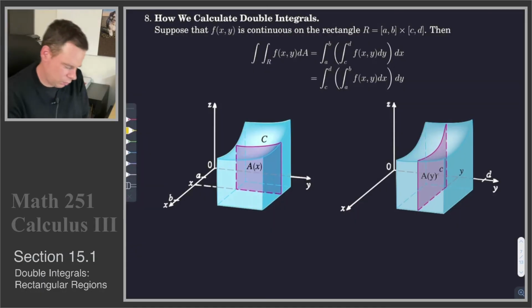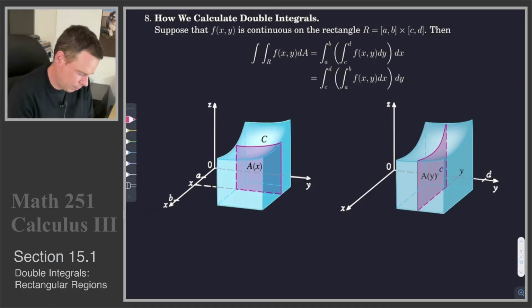So here's our picture for this situation. For any x value, we can work out the area of that slice. A(x) is equal to the integral from c to d of the function f. x is a constant because we're fixing it for some x value.